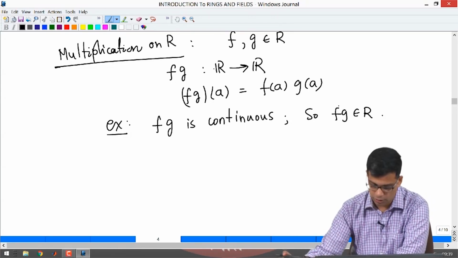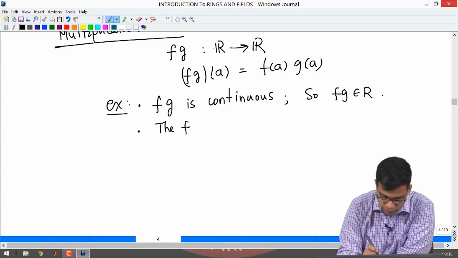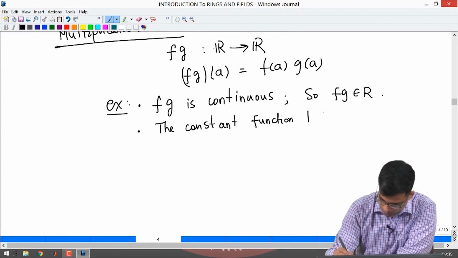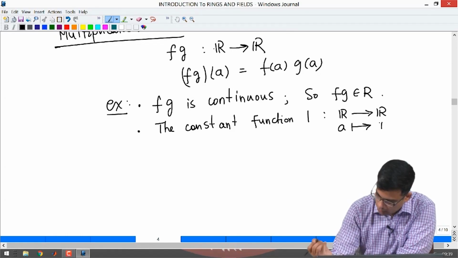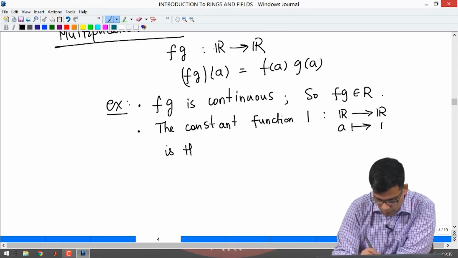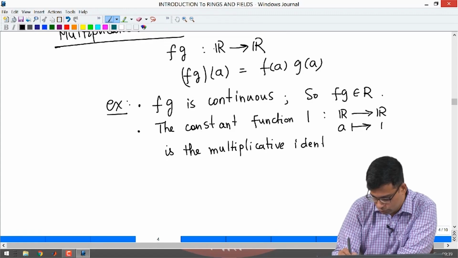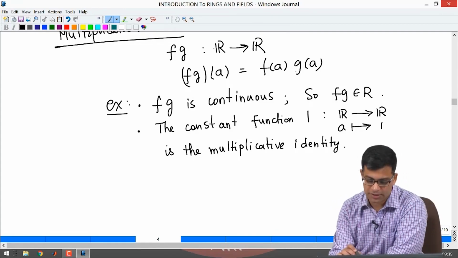So, there is an operation, and one can check that the constant function one, which sends every real number to 1, is the multiplicative identity. Okay, because f times the constant function is simply f.